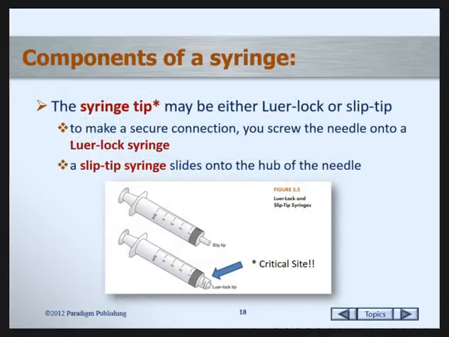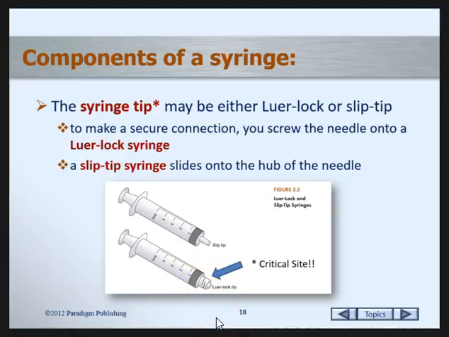Identifying the components, specifically the critical sites, the syringe tip where your needle hub will attach, we will be using all luer lock tips. So luer locks are threaded. And like I said before, there's little wings on the end of a hub of a needle, and that would twist into the luer lock.